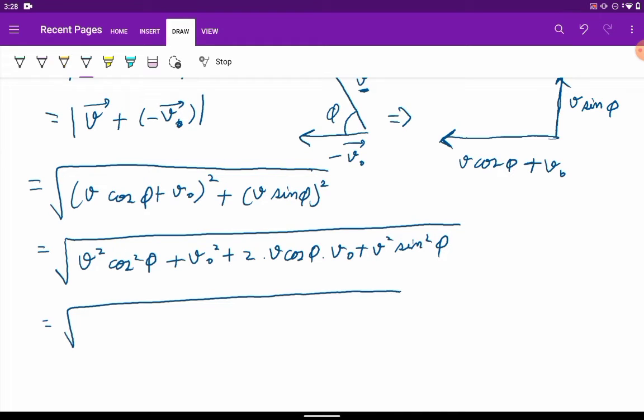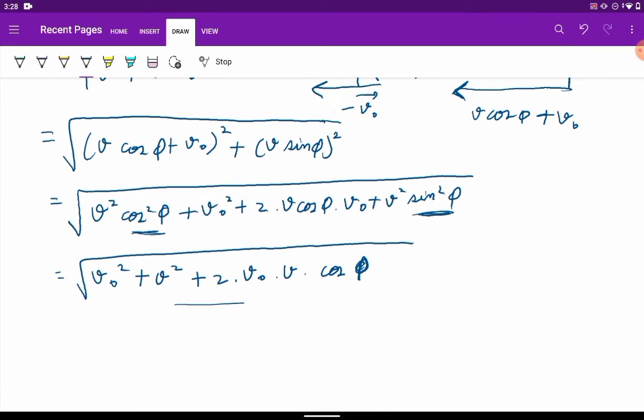Here v square comes out as common, and cos square phi plus sin square phi becomes 1. So v dash squared is v naught square plus v square plus 2 v naught v cos phi. This is in terms of v naught and phi, and this is your v dash. You can substitute the values and get the answer.